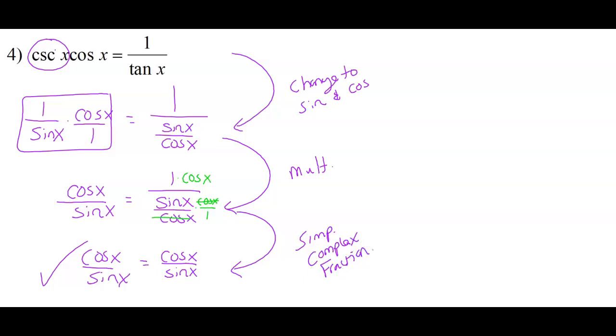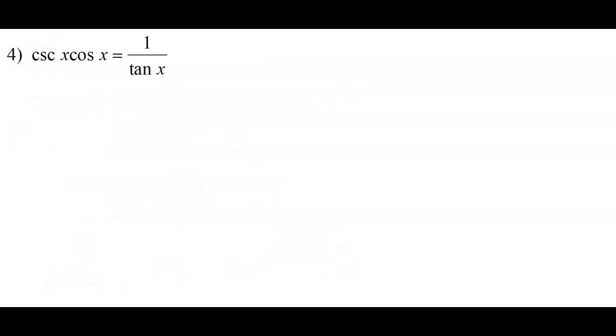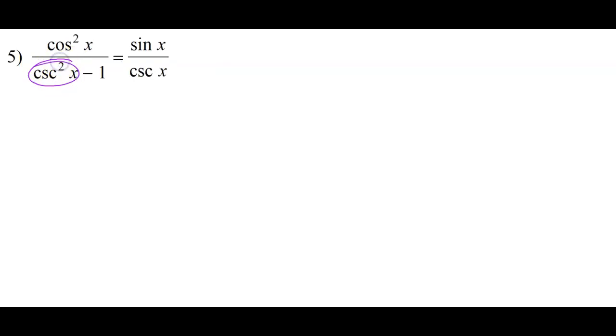All right, let's go ahead and take a look at number 5. Now anytime I see an expression that is squared with a 1, it makes me wonder, is that a Pythagorean identity? And so at that point, I would turn my attention to my little list of identities, and I would see if that's one of our identities.